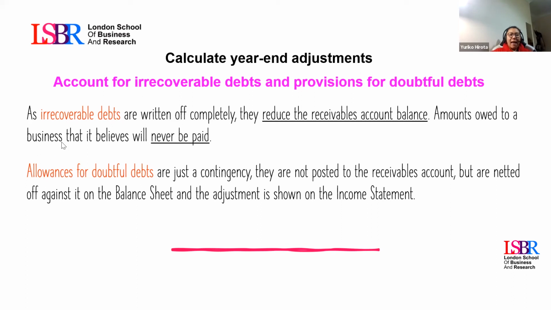And this is more like a fact, the irrecoverable debts, because we don't have any option. The customer, the client, didn't pay us. The allowance for doubtful debts is very similar, but we can reverse that provision.